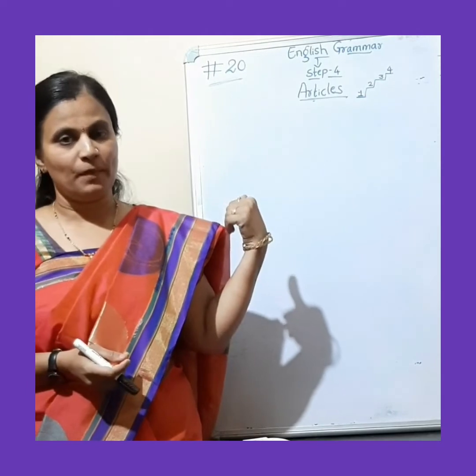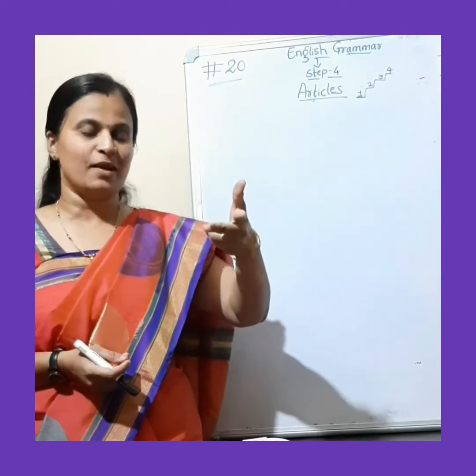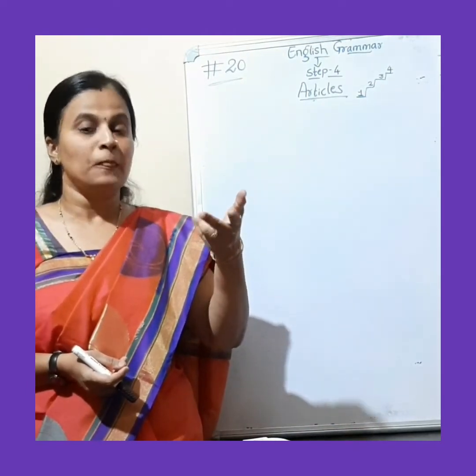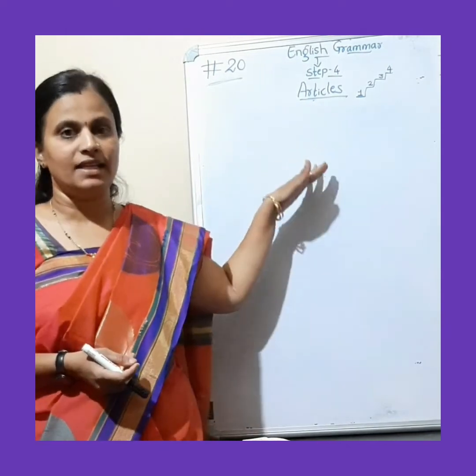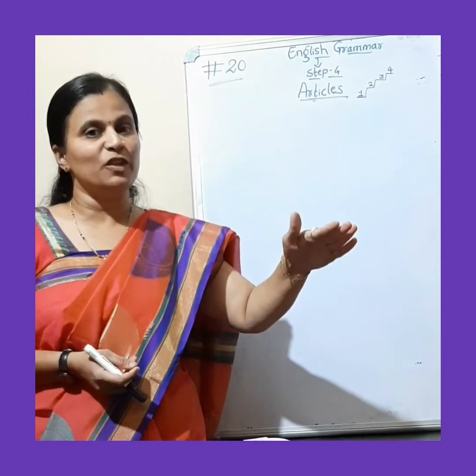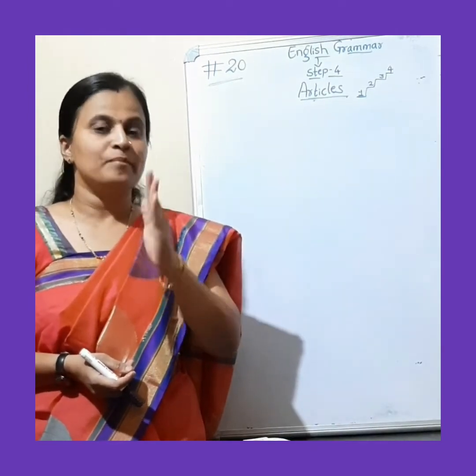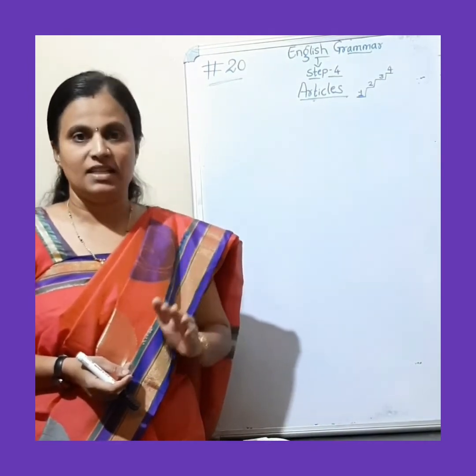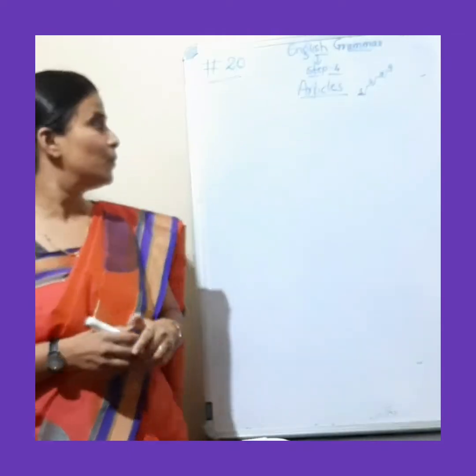In this video clipping, we are going to climb the fourth step of English grammar, and we are going to focus on articles. If you pay attention till the end of this video clipping, you will not have any doubt related to articles. So let us begin now.